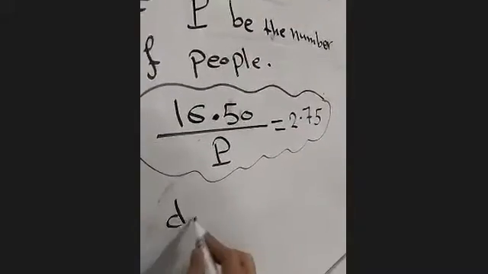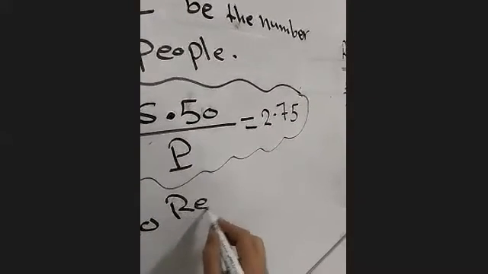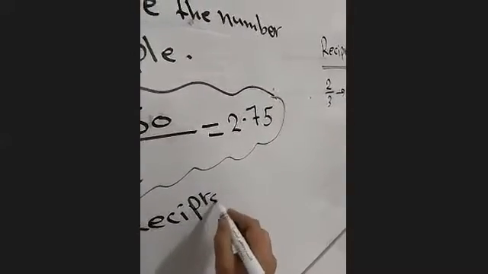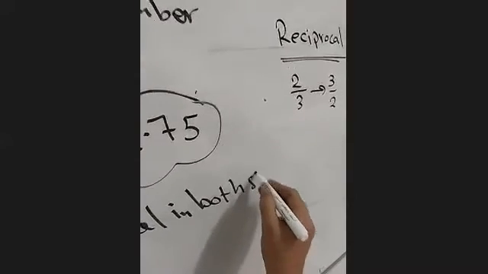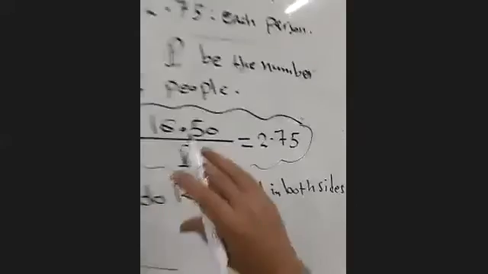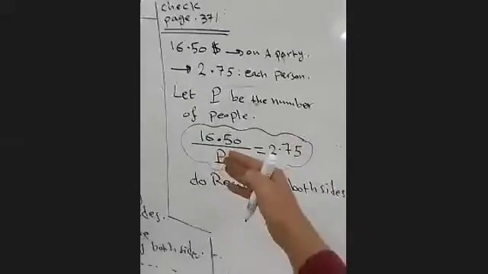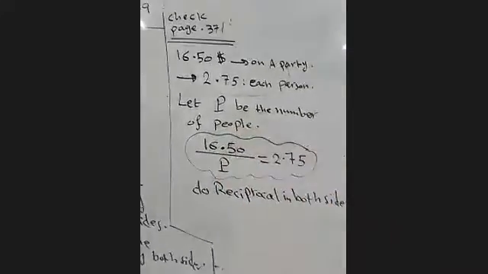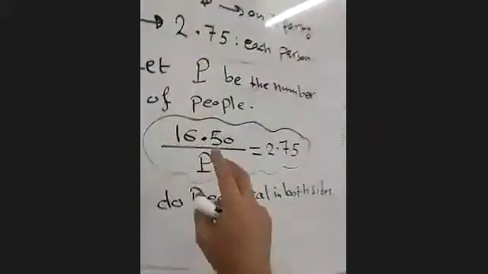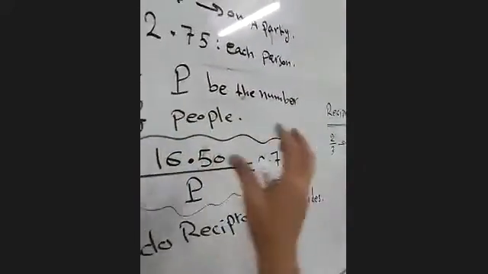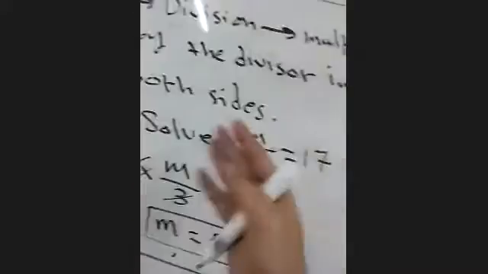So the first step here, do reciprocal in both sides. Why will I do this step, guys? Just to make the denominator up, to make the variable up. So here I will do reciprocal, then I'll do reciprocal here to make it as I want, like this form.